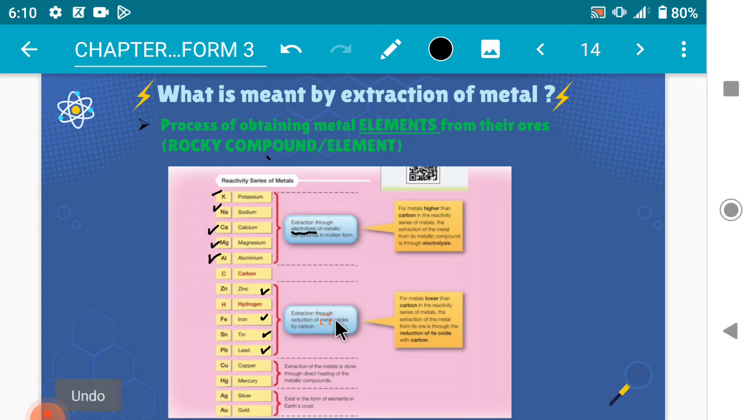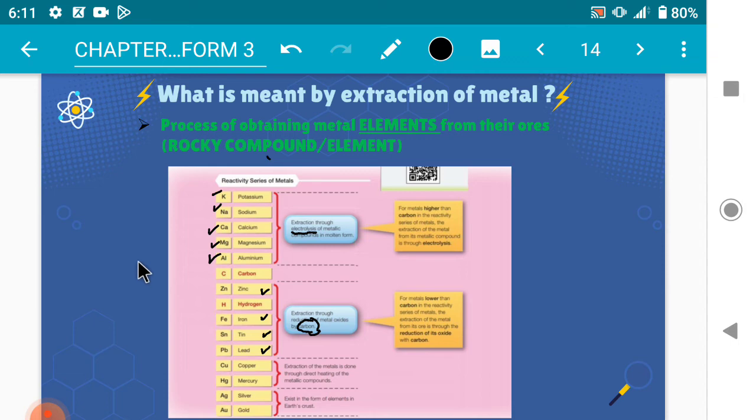So which means in order to extract the zinc, iron, tin, and lead ores into its metal, you need to use carbon, so that carbon can reduce these ores into the elements. For example, zinc, iron, tin.